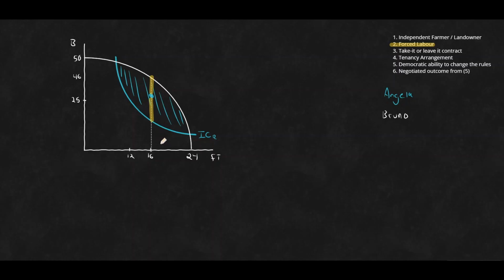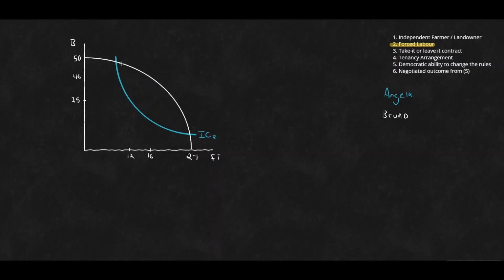Now, of course, this is a slavery situation. So, being a slavery situation, Bruno wants to extract the most that he can, gets the most gains from this situation. And in this case, Bruno will get the most possible by setting some amount along Angela's indifference curve.